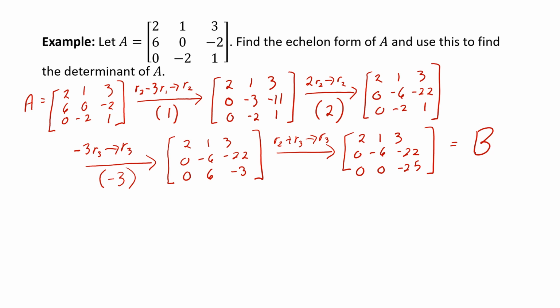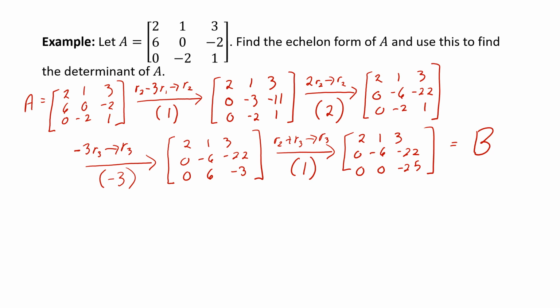I've done a whole bunch of elementary row operations, being very careful to follow the letter of what an elementary row operation is. Oh, and that last one doesn't change my determinant. But I've kept track at every elementary row operation of the impact it has on the determinant until I get to my row echelon form.